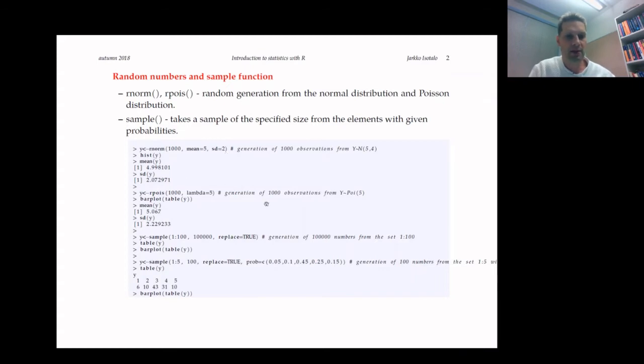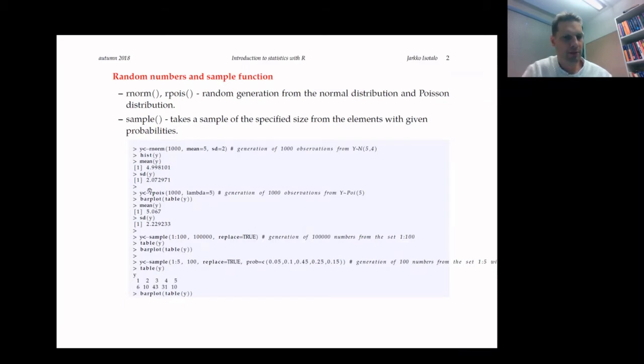And the same thing really applies to the Poisson distribution. We can also use the rpois function, and in that case we get integer values. If we want to plot how they are distributed, we basically have to first do a tabulation, that is, calculate how many times each value has occurred, and then use barplot for that tabulation to draw a bar graph where we can see how many values there were in this vector y after this generation of random numbers.